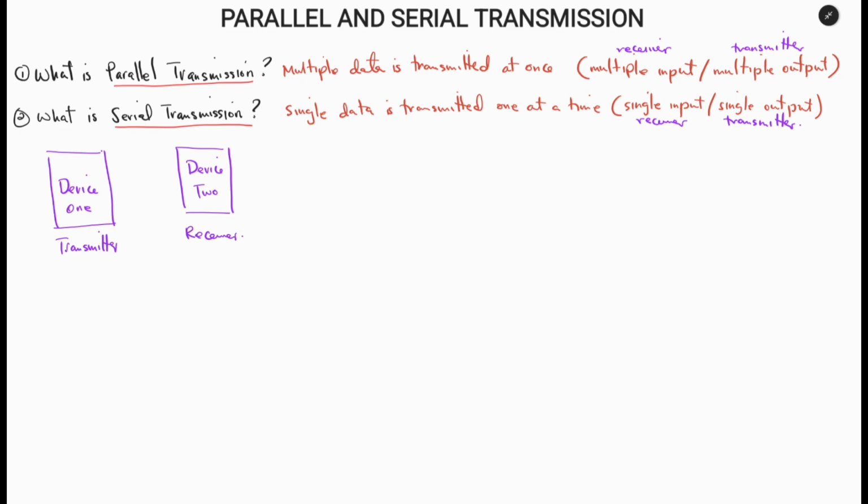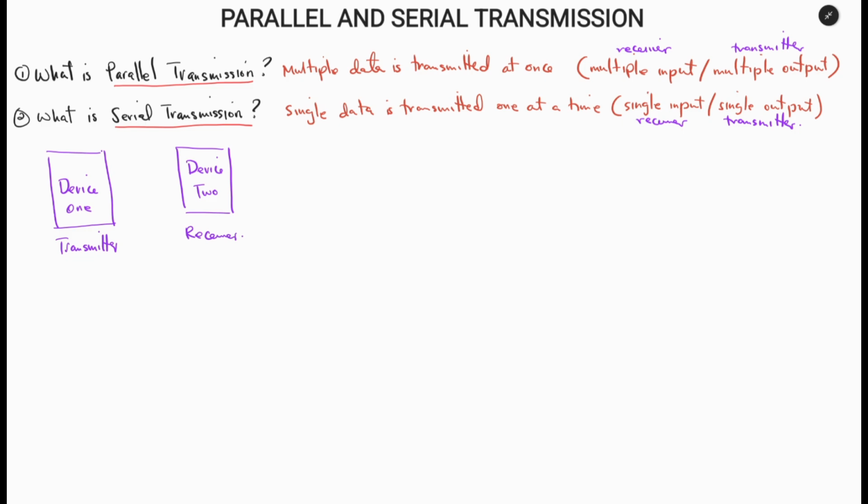Now from the definition, we say that in a parallel transmission, we have multiple data transmitted at once. That means the transmitter will have multiple outputs and the receiver will have multiple inputs as well.